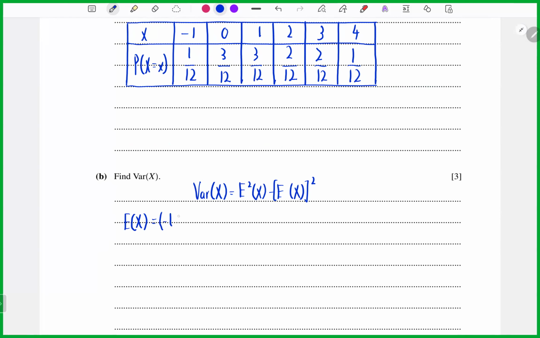So we can take negative 1 multiply 1 over 12 plus 1 multiply 3 over 12 plus 2 multiply 2 over 12 plus 3 multiply 2 over 12 plus 4 multiply 1 over 12. So you can use your calculator to find out the values.